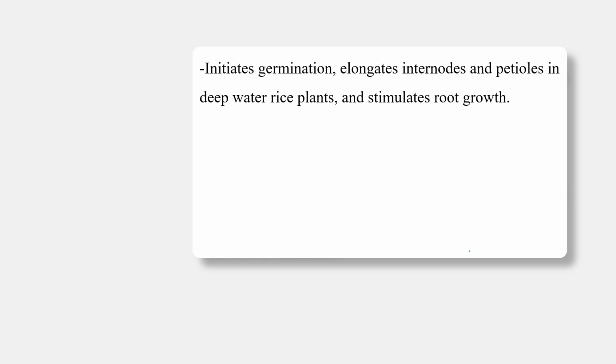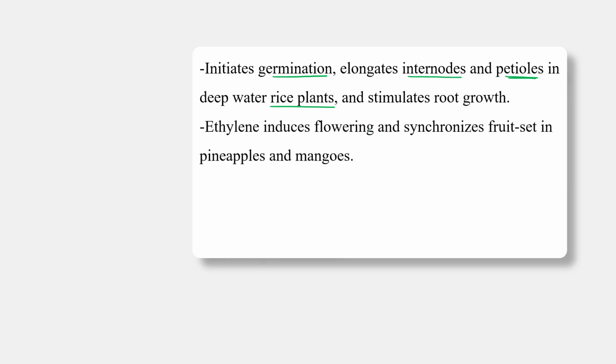Clear? Ethylene also initiates germination and elongation; it elongates internodes and petioles in deep water rice plants. And it stimulates root growth. Ethylene induces flowering. It also synchronizes fruit set in pineapple and mango.